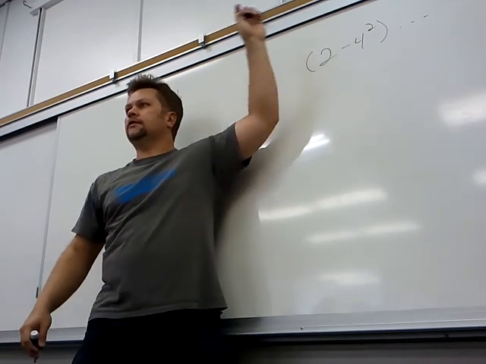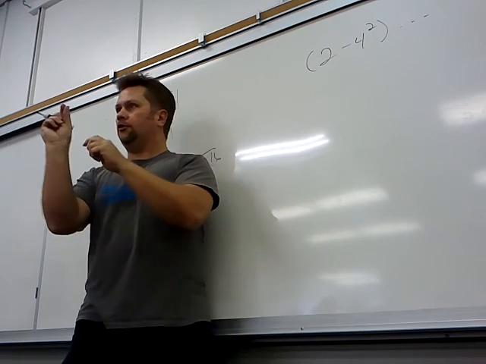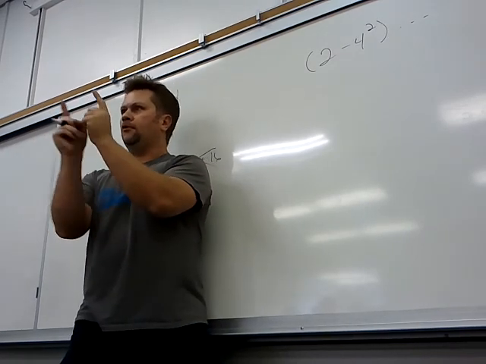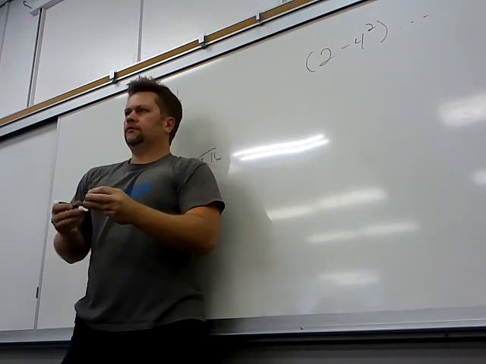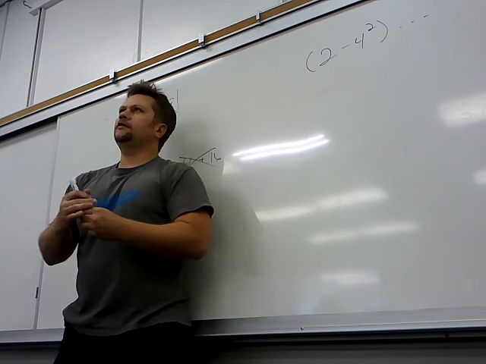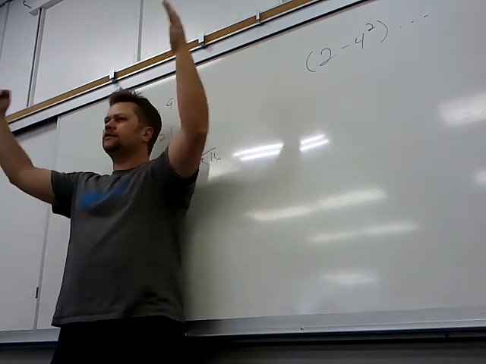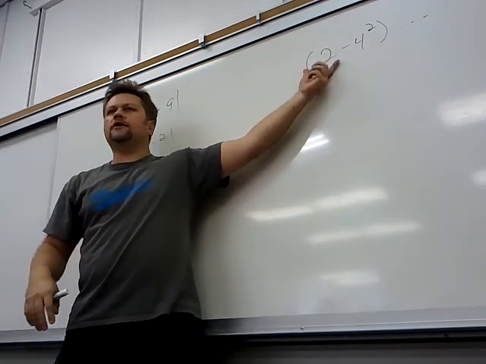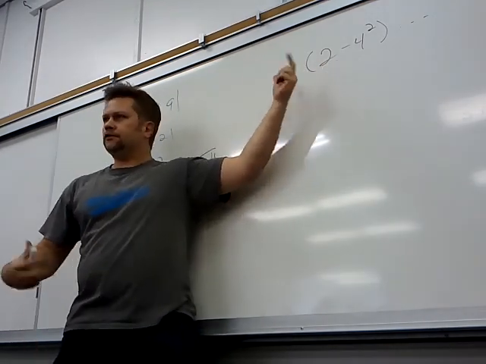Exponent, yeah, exactly. So now the inside of the parentheses becomes its own little problem, and I apply order of operations to it. And then I go outside the parentheses, right? Cool. And these are little things that, if they are still problems later, and we've got this other stuff to worry about, I don't want this to be the reason why I'm getting things wrong. I want this to be pretty straightforward.